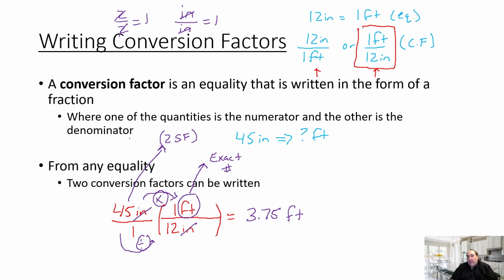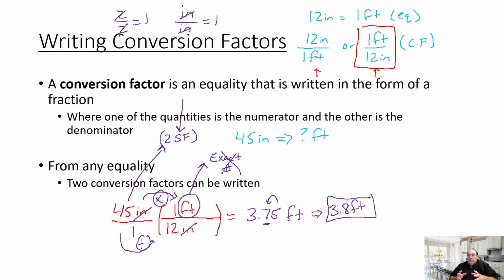Because it's considered an exact number, we don't have to worry about it in terms of our answer. So really the only thing that's going to determine how many significant figures our answer should have is that first number, which is 45, and that's 2 significant figures. That means technically we should end our answer right here at the 7. We have to look at the 5, which means we then should round up. And our correct answer here should be 3.8 feet, which would be 2 significant figures.